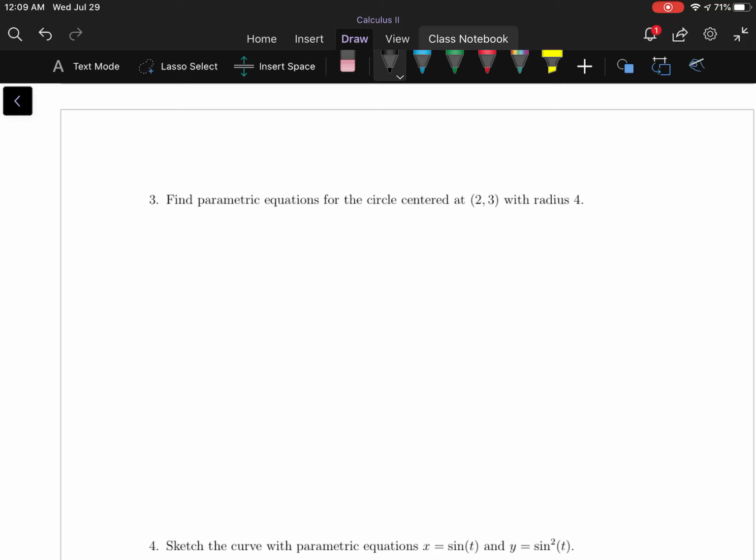For a Cartesian equation, I know that would look like (x minus 2) squared plus (y minus 3) squared equals, and with a radius of 4, that's going to be 4 squared, or 16. So this is the Cartesian system.